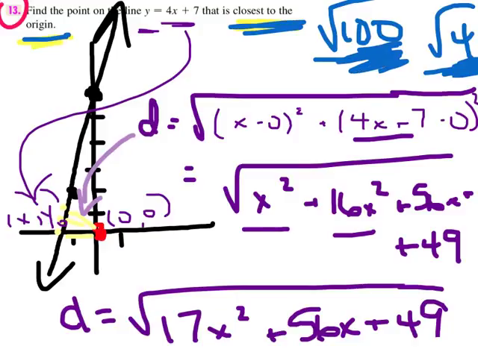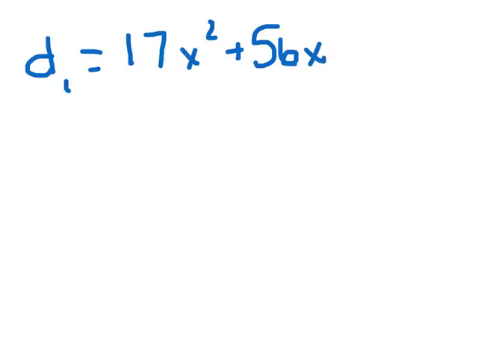So if we want the closest to the origin, we're trying to minimize the distance. I don't necessarily want to just minimize that distance. I'm going to call this d sub 1. It's the stuff that was under the square root, the 17x squared plus 56x plus 49. If I minimize this, then I minimize everything.